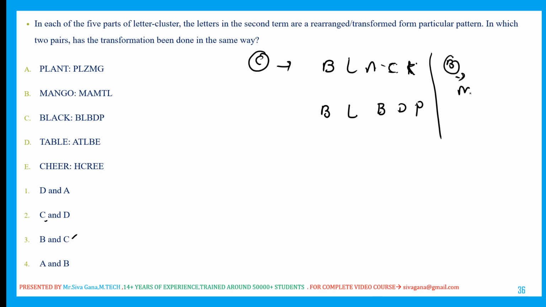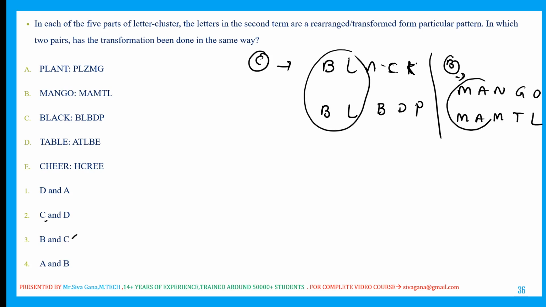Mango, mamtl, right? So bl, ma, that's okay. A plus 1 is B. This is -1, so this is not the B and C. Option C is not following, right?